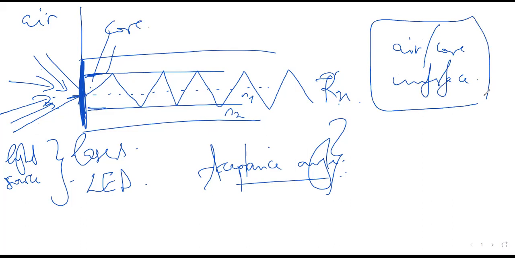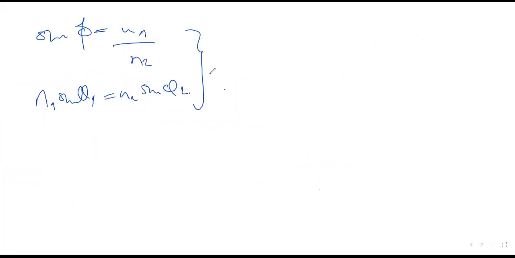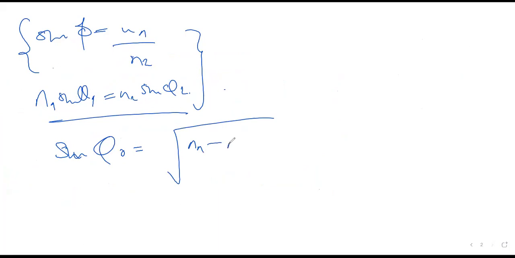If you study that boundary using Snell's law and the critical angle, it leads you to the equation for the angle of acceptance: sin theta 0 equals the square root of n1 squared minus n2 squared over n, which is also called the numerical aperture.